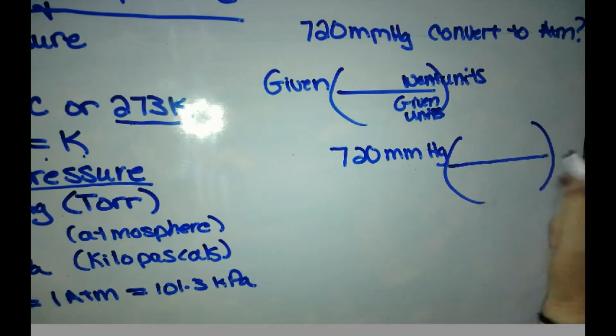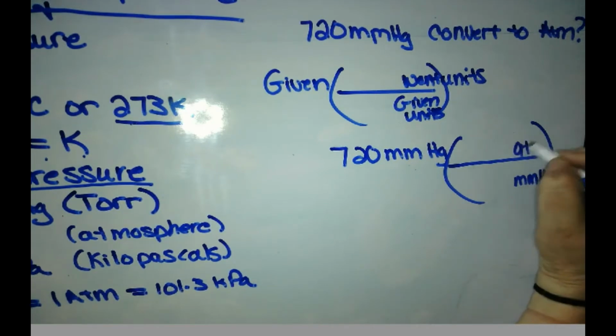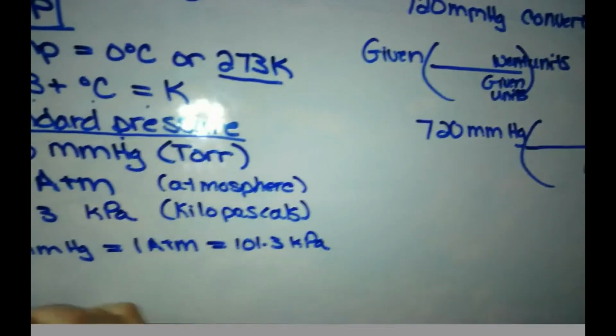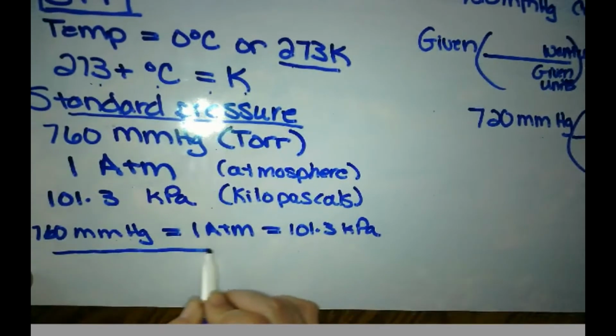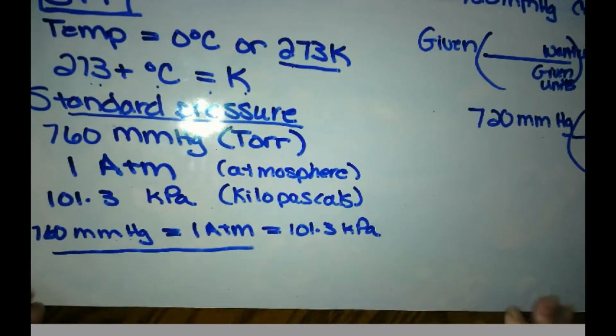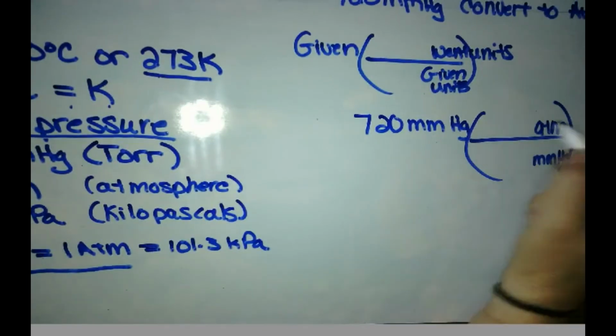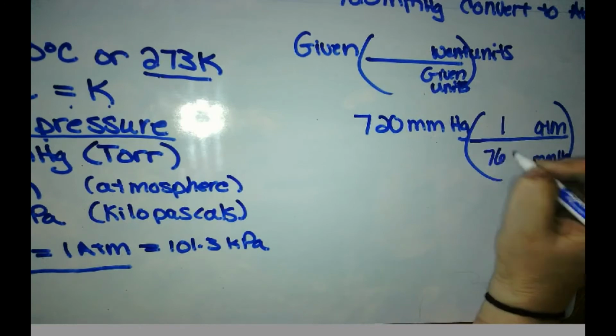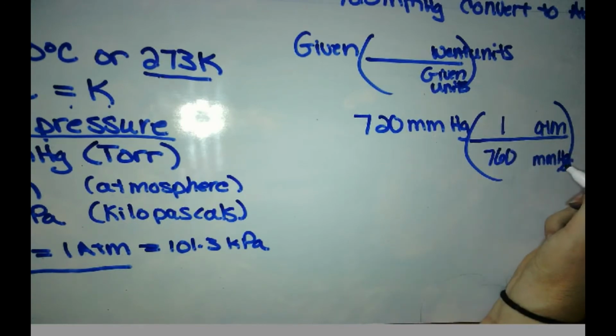Whoop, whoop. Get rid of my millimeters of mercury, and we want to go to atmospheres, and then I look over here. What is true? 1 atmosphere equals 760 millimeters of mercury. So 1 goes with atmosphere, and that is the same as 760 millimeters of mercury.